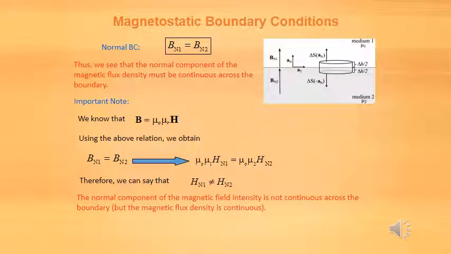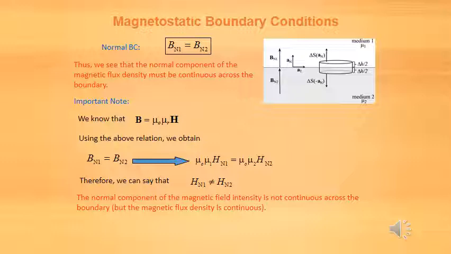Let us consider the normal component of magnetic field intensity. Here we can relate the normal component of magnetic flux density as B equal to mu H. By substituting this, instead of Bn1 we have mu naught mu r1 into Hn1, and Bn2 is mu naught mu r2 into Hn2.